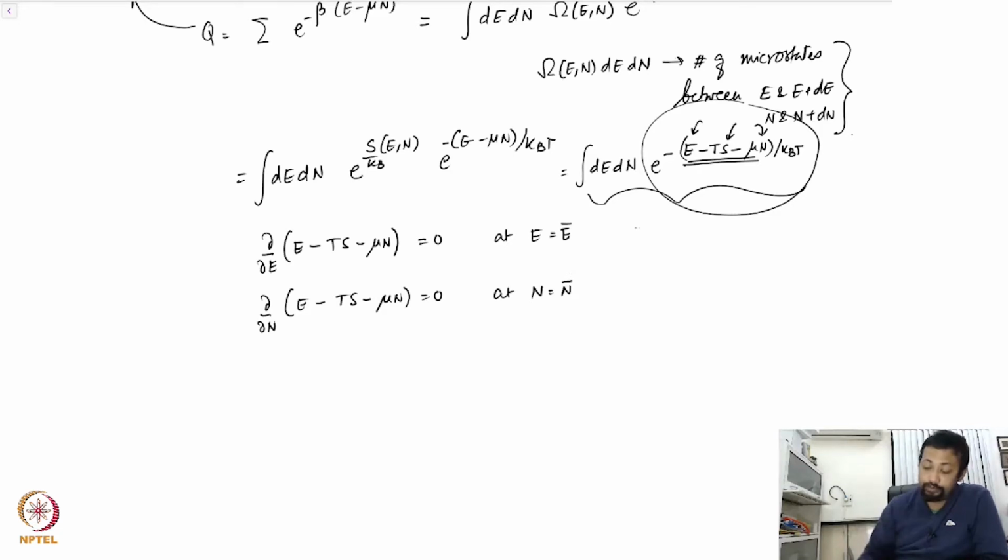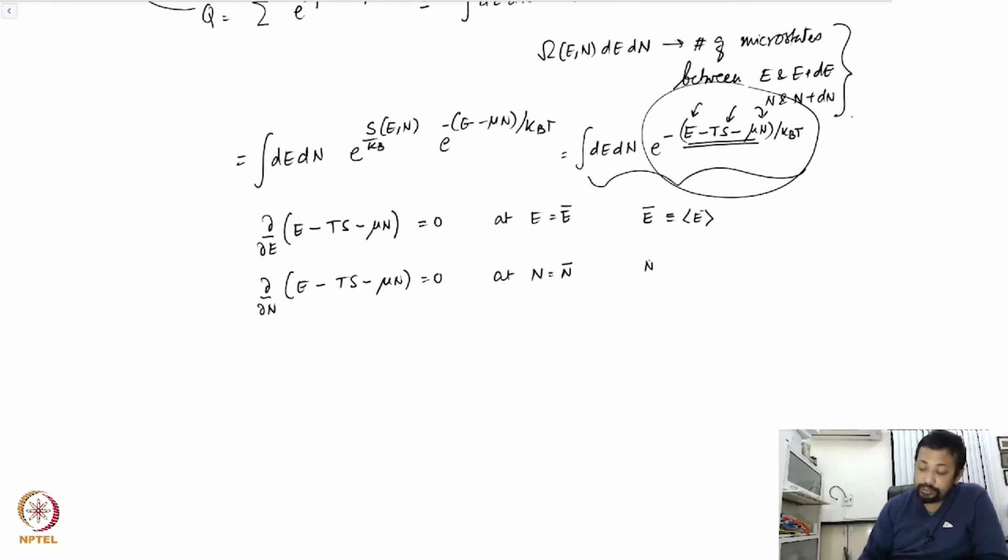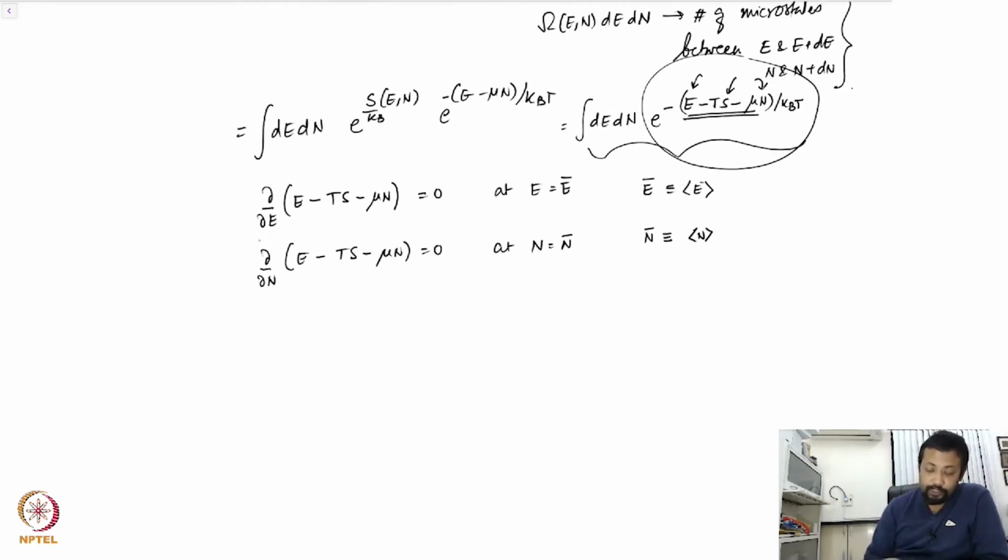Right, so please note that this E bar is identical to average of E. We'll interchangeably use these symbols. Do not get confused that they are something different, right? So therefore the first condition gives you 1 minus T del S del E at E equal to E bar is equal to 0, and you recover the thermodynamic relation 1 by T is del S del E at E equal to E bar with V and N held constant.